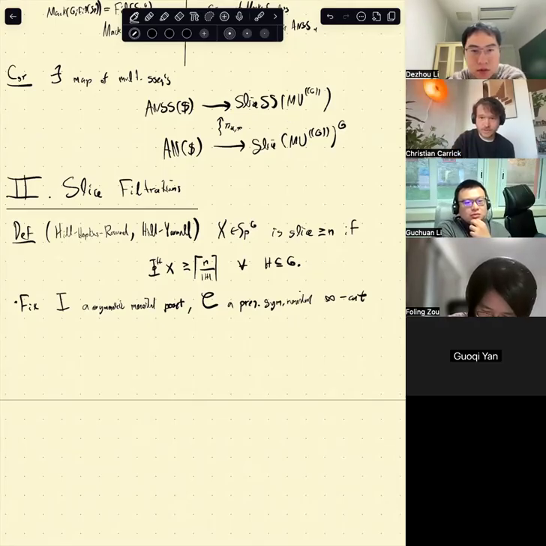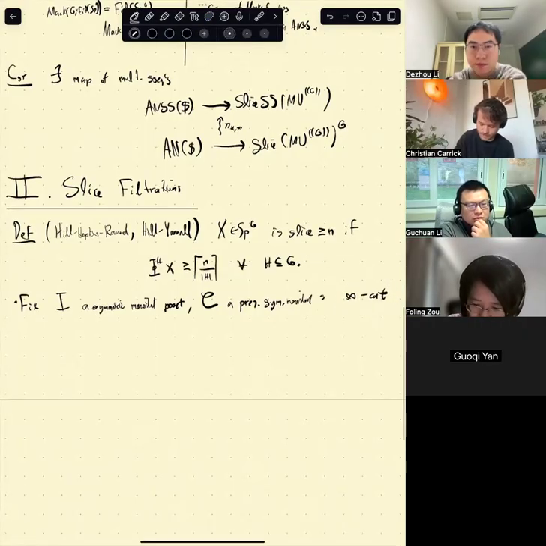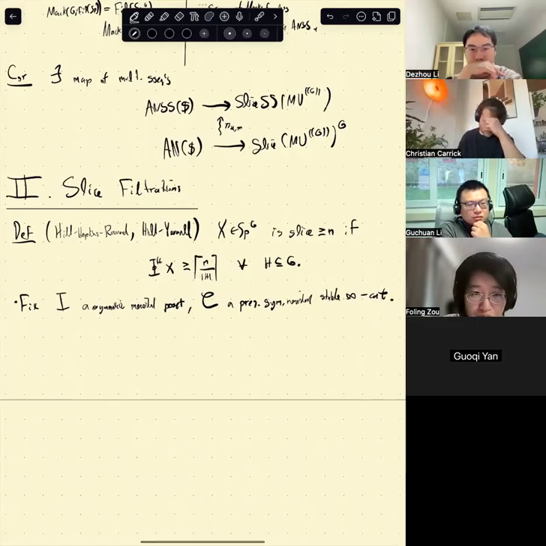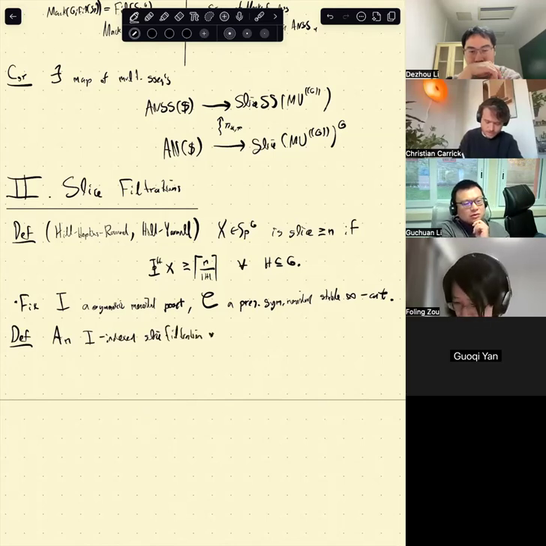So that's just the setting I want to work in. And also, sorry, I want C to be stable. Okay, so in this setting, I want to define an I-indexed slice filtration on C.